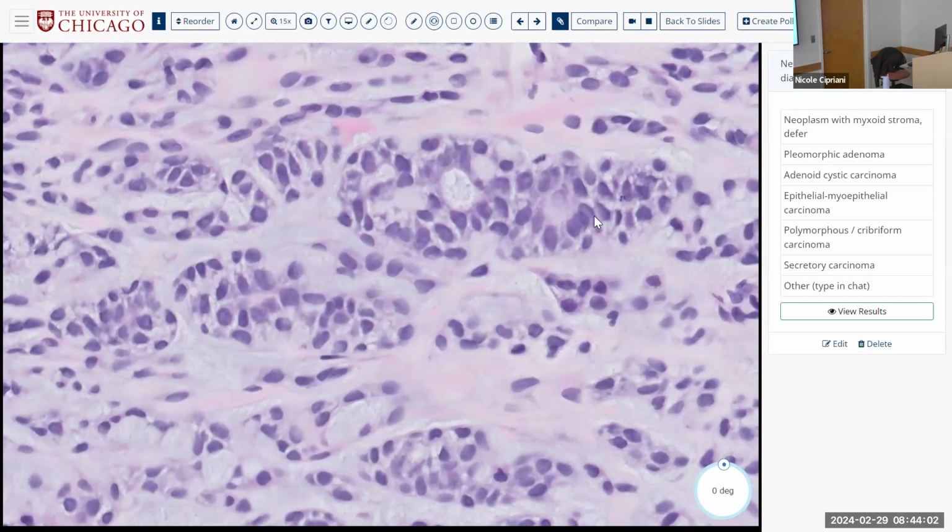There is a dedifferentiated, or quote unquote high-grade, transformation of adenoid cystic with solid growth, necrosis, mitoses, nucleoli, right? That you can tell. Even if you couldn't tell it was adenoid cystic, you could say this looks high grade, it has prominent nucleoli, mitoses, necrosis.